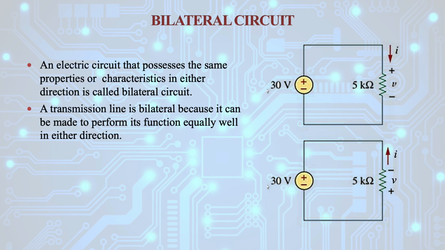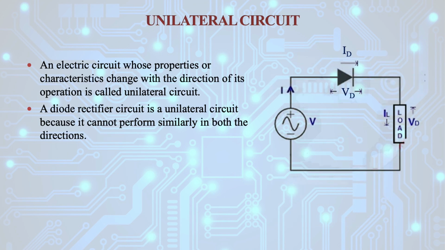Just the opposite of a bilateral circuit is what? Unilateral circuit. An electric circuit whose properties or characteristics change with the direction of its operation is called a unilateral circuit. A diode rectifier circuit is a unilateral circuit because it cannot perform similarly in both directions. In this diagram, you can see a diode is connected between the AC supply and load in series.